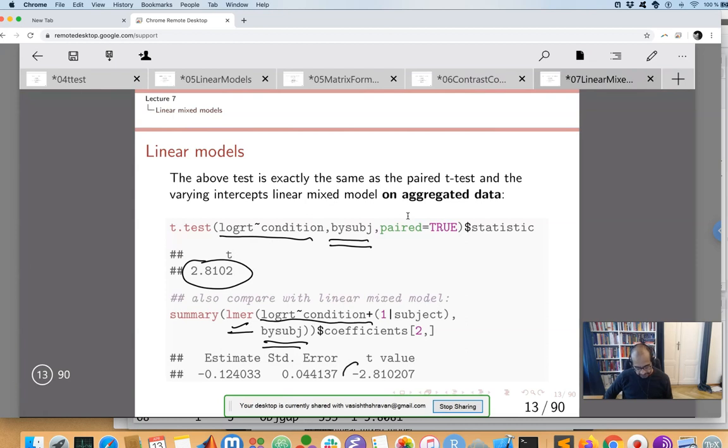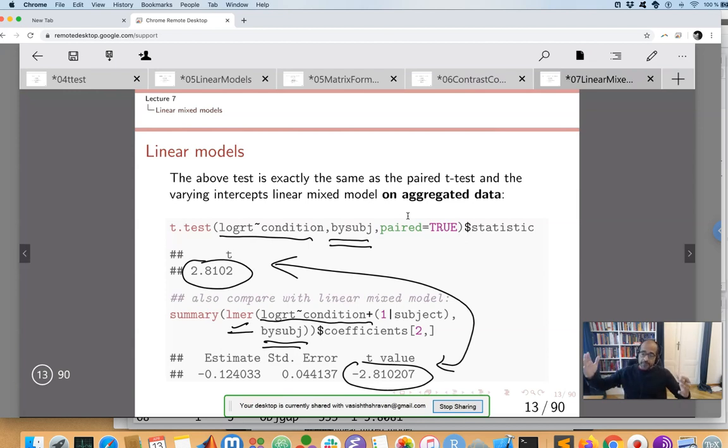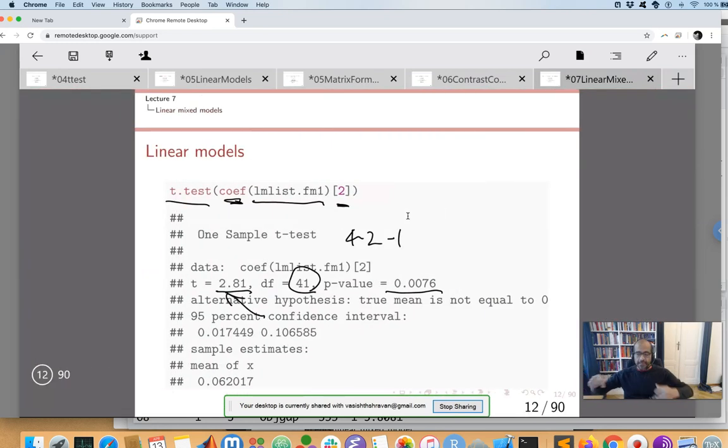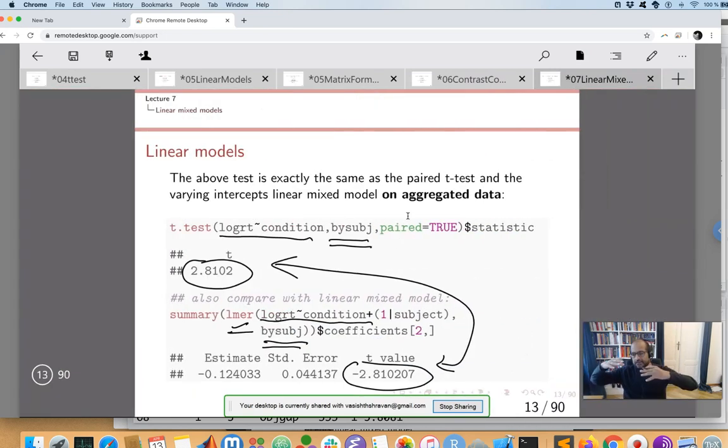And when I extract the absolute t-value, lo and behold, it is exactly the same as the paired t-test that I had just done, and it is exactly the same as the by subject linear model fit based analysis that I had done. So basically all these three approaches that I just showed you are exactly the same approach. They're mathematically identical.